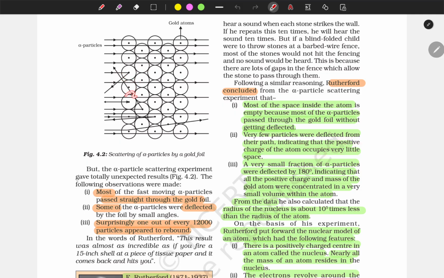See, an alpha particle is a positive particle, it has a positive charge, and very few particles are deflected from their path, indicating that the positive charge of an atom occupies very little space.